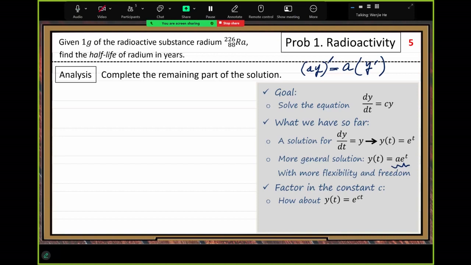So here you need to use your imagination. The imagination is that C, you want to put in a different place, not before this function as a coefficient, but in the position of the exponent.